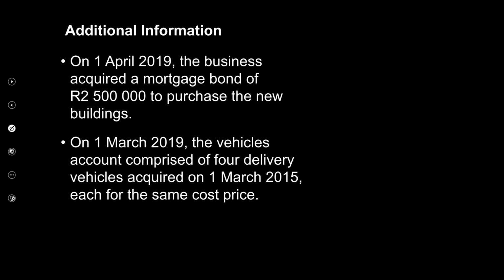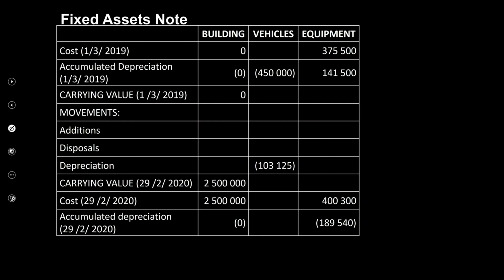So, what do we know? On the 1st of April 2019, the business acquired a mortgage bond of 2,500,000 to purchase the new buildings. So immediately you go into your note and you realize that this is the situation here. What had happened was you had actually purchased land and buildings to the tune of 2,500,000. Clearly you can see it's an addition. In other words, you had absolutely no land and buildings at the beginning of the year.